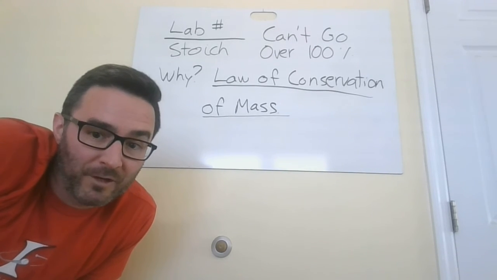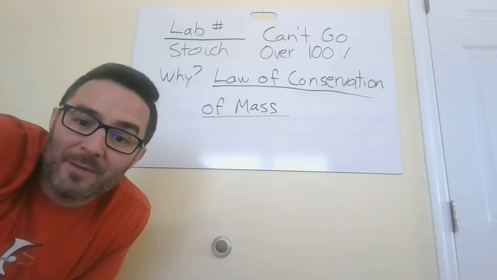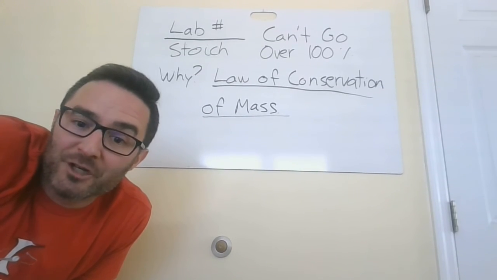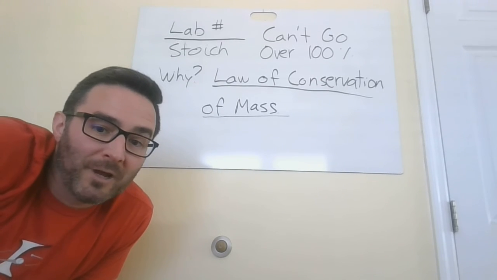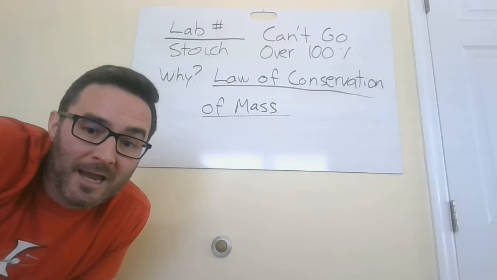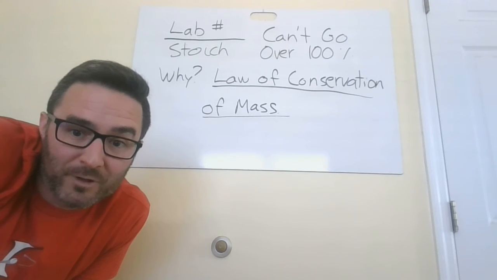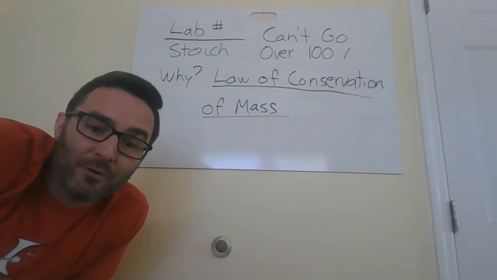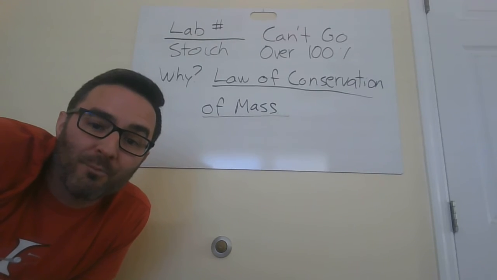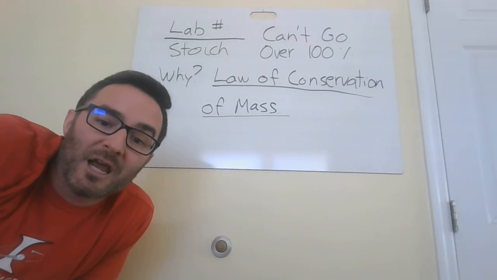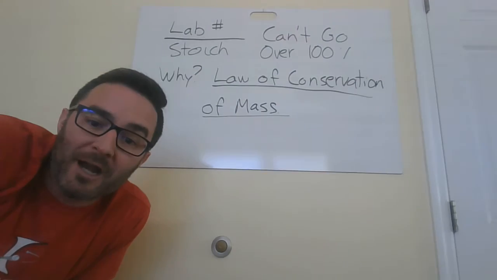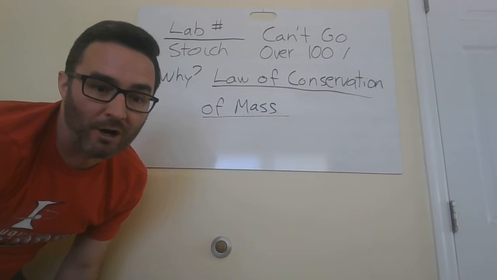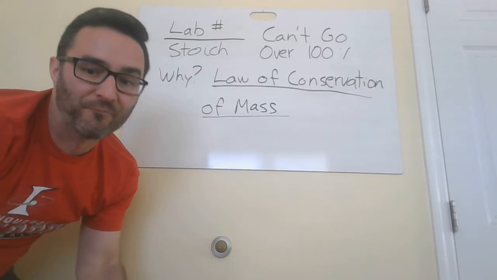I measured something wrong. Maybe I've got contamination. Maybe my products are still wet and I need to dry them more. Maybe my reactants didn't react all the way and I'm weighing two things when I should be weighing one. All you know is that if you get a percent yield over 100%, you've got error analysis to do, and you've got to go back and say, hey, I might have done something wrong. What do I need to fix?